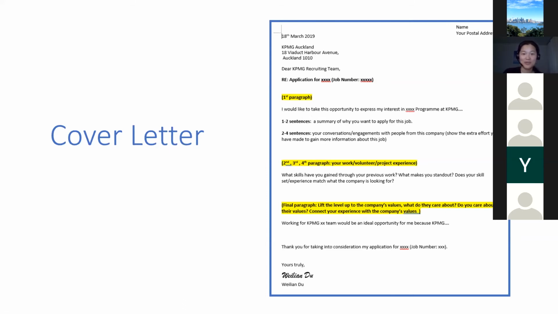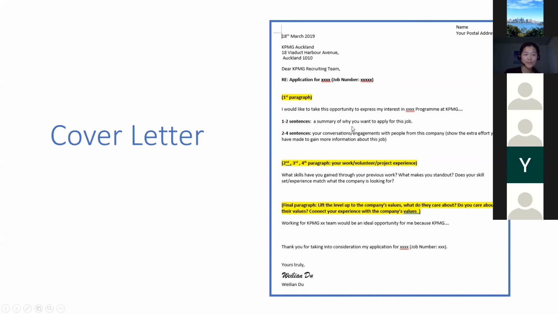You want to apply for it and you want to get it. So you can just say, I would like to take this opportunity to express my interest in such-and-such program at KPMG. And then in these first 1 or 2 sentences, you can have a summary of why you want to apply for this job.